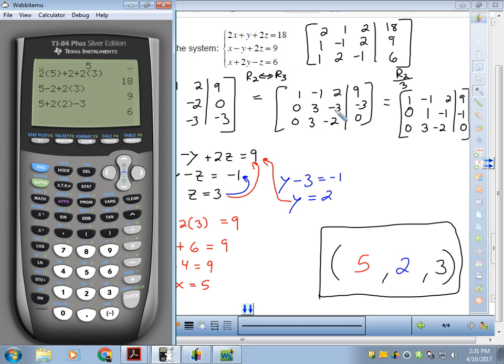Now again, I showed you all the math here to get this in reduced row, or to get this in row echelon form, but we could have done it with the calculator. If we go into our matrix menu and edit our matrix, it's still 3 by 4, but we want to change the numbers.